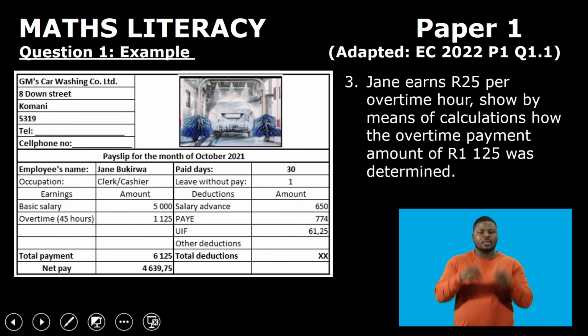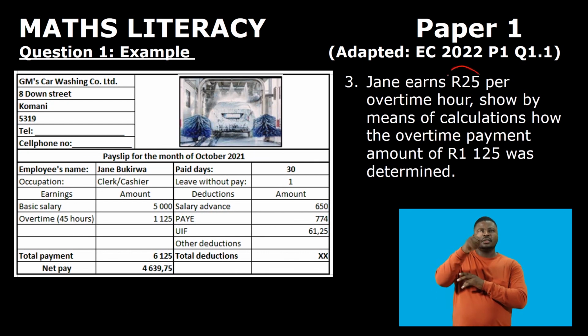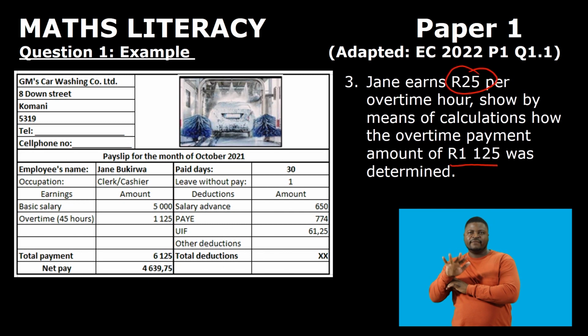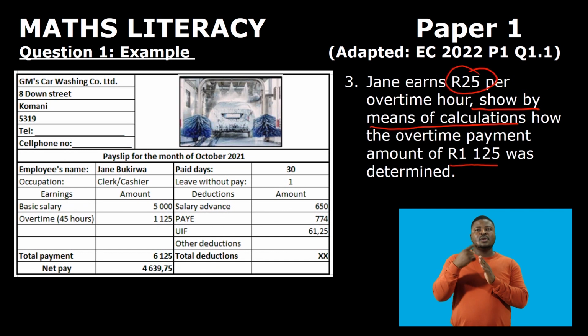The next one would be Jane earns 25 Rand per overtime hour. Show by means of calculations how the overtime payment amount of 1,125 was determined. So here the action verbs would be show by means of calculations.